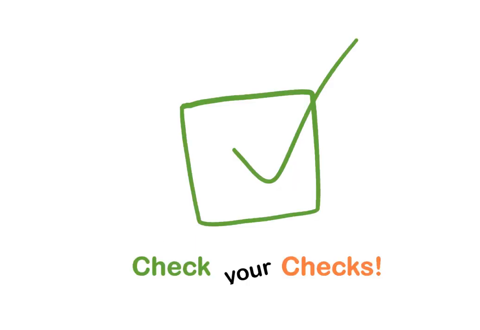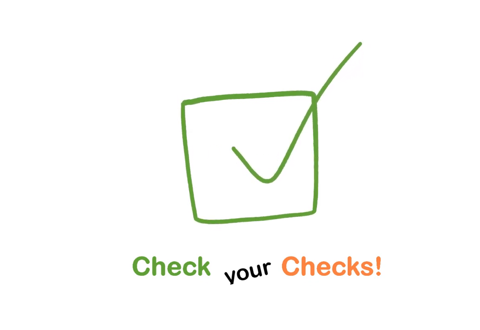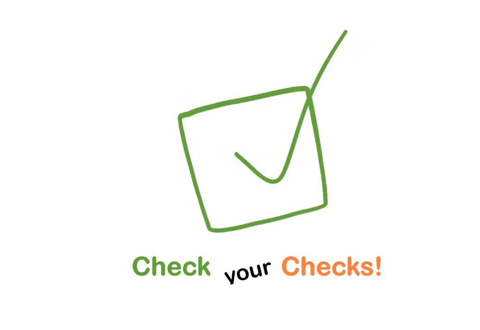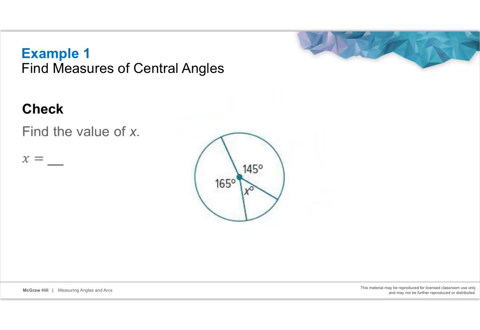Okay, everyone. This is the part of the video where you really want to check back on the answers to those checks that were assigned to you as you were watching. In our check after example 1 on page 578, remember we know all of the central angles are going to add up to 360 degrees.